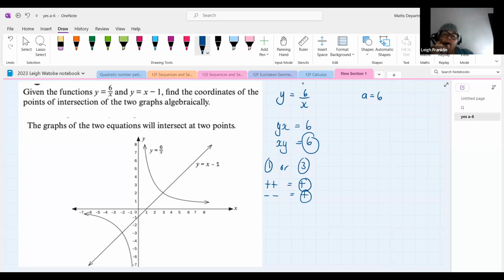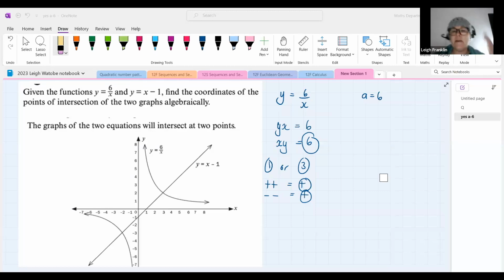That's actually where it comes from. Does that make sense to everybody? So that's the reason: a positive times a positive gives you a positive a value, or a negative times a negative gives you a positive a value.